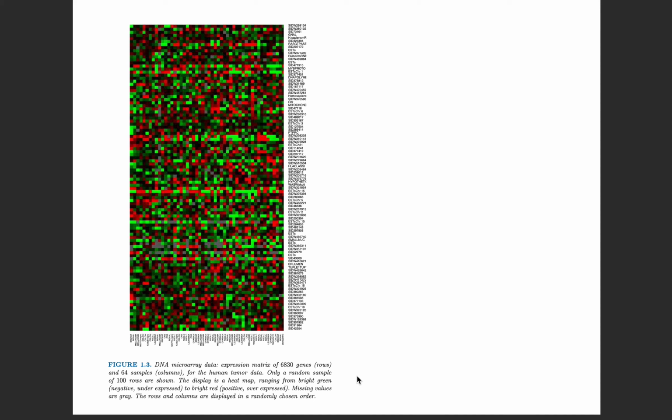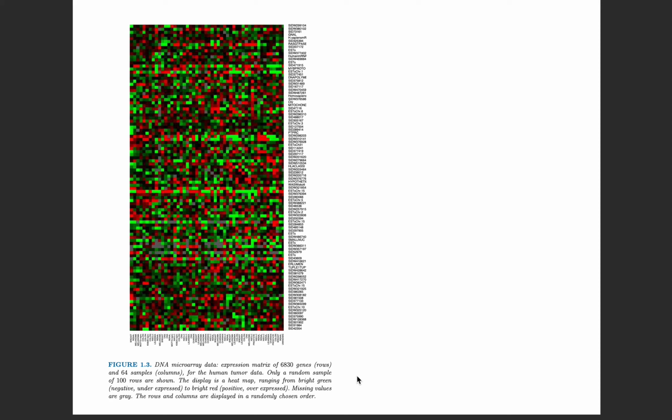And the big question here is how genes and samples are organized. The typical questions include the following. Which samples are most similar to each other in terms of their expression profile across genes? Because if you figure that out, then you can say, maybe these patients have a similar expression of genes, so maybe their treatment should be similar.